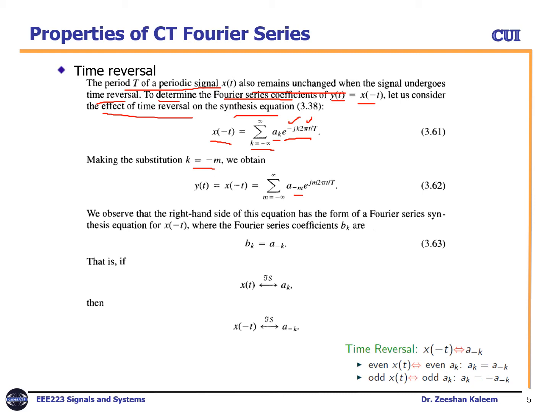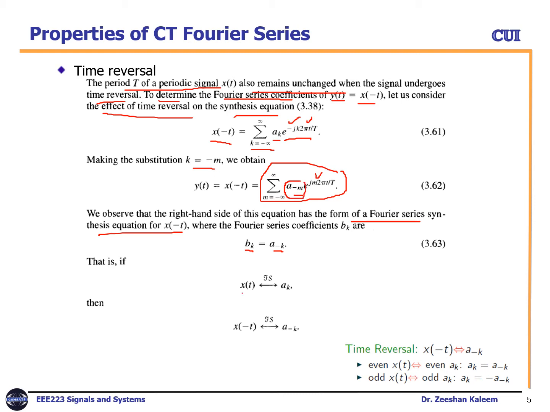When you replace k here with minus m, you will get a positive sign here, right? We observe that the right hand side of this equation has the form of a Fourier series synthesis equation for x(-t), where the Fourier series coefficient is b_k. So let's say that the Fourier series coefficient b_k equals a_(-k).